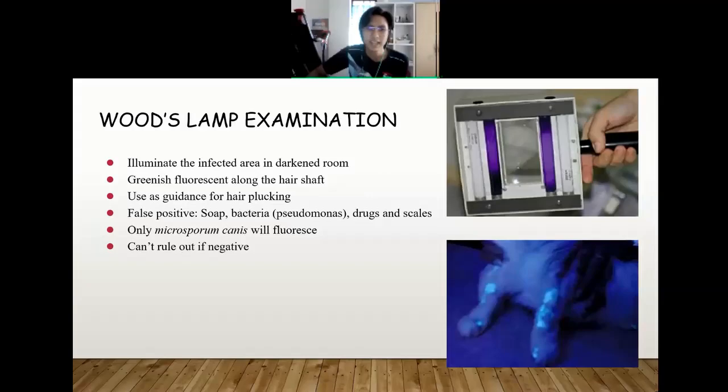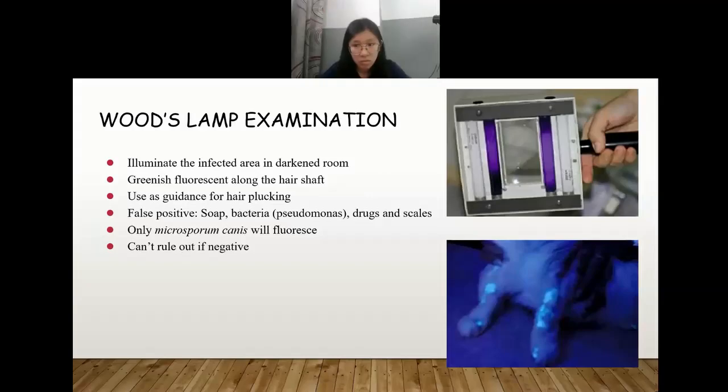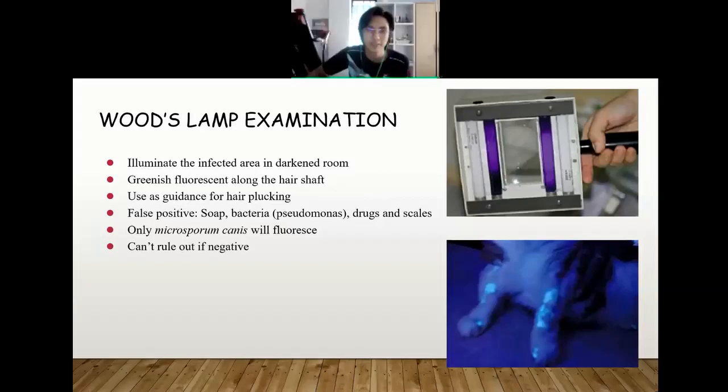This means that if the animal is tested with Wood's lamp and it shows a negative result, it can still be positive. So we need to do further tests to confirm it. So that is all for me. I shall pass to the next question.